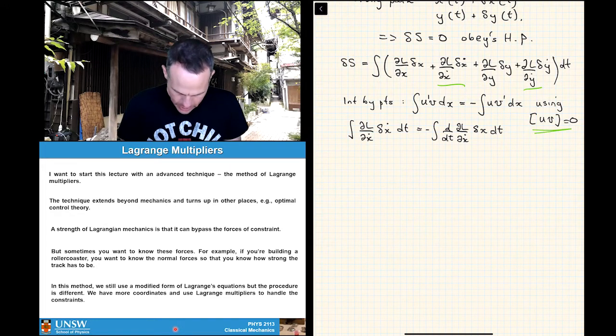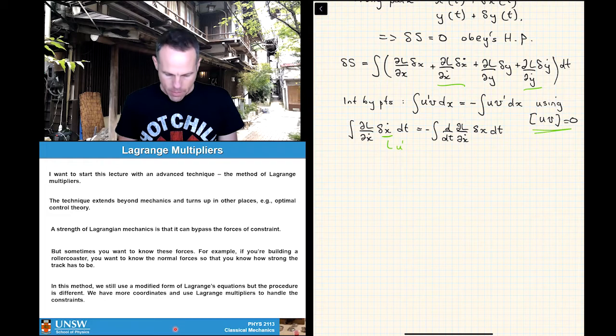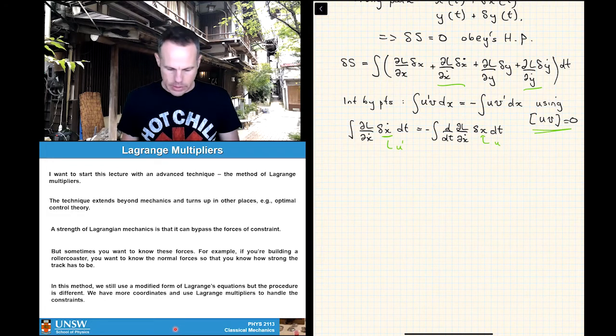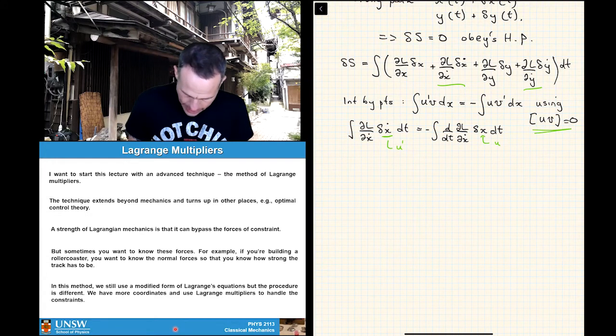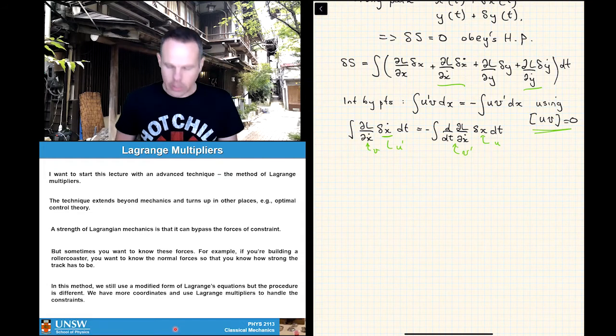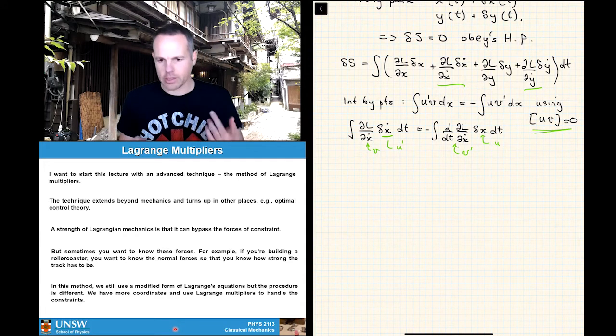So what I'm doing here is I'm treating this term here as my u. So it's u dash on the left-hand side, and it then becomes u on the right, so we're taking the derivative away from that term, and then we're treating this one as my v, and it becomes v dash over here on the right-hand side, and of course we take the time derivative of that, but if I just sling a dot on the top, it's a bit confusing, so I'm going to leave it as d on dt.